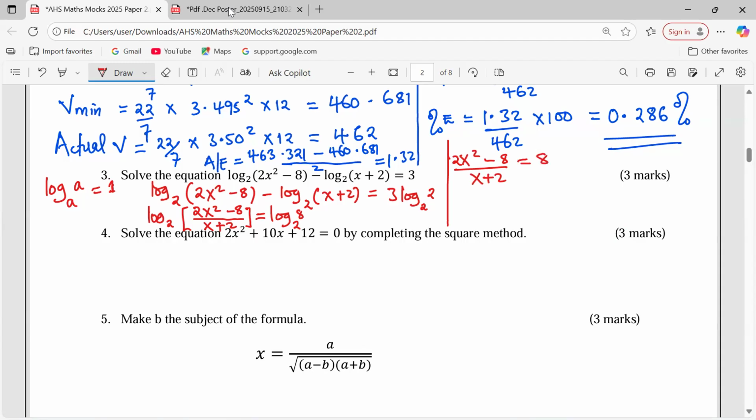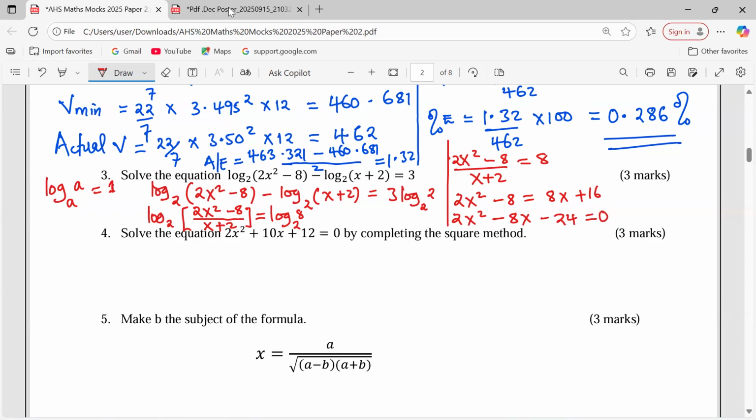Because the bases are the same, logs can be dropped that way. 2x squared minus 8 equals 8x plus 16. 2x squared minus 8x, then we can have minus 24 equals 0.